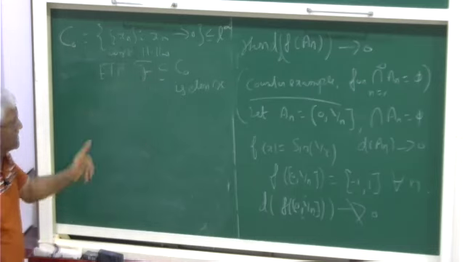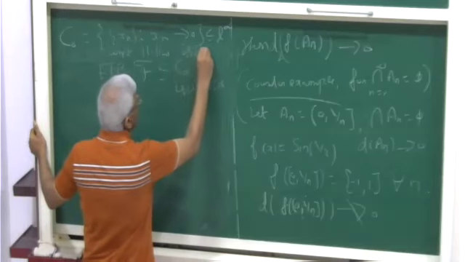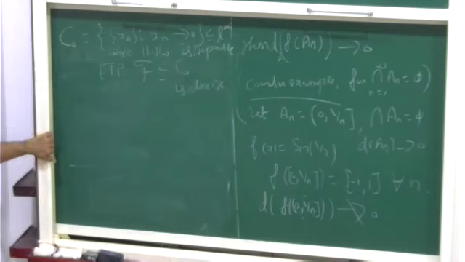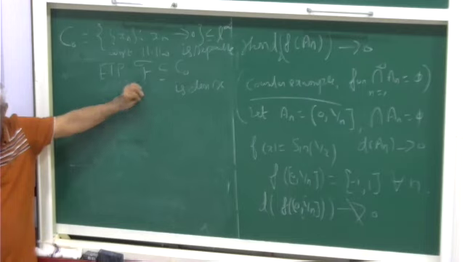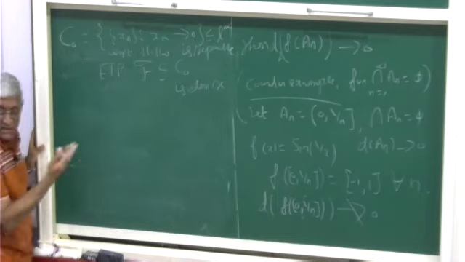This is separable. To prove that this is separable, again it is enough to prove that sequences with finitely many terms are dense here. So I do the same thing again.